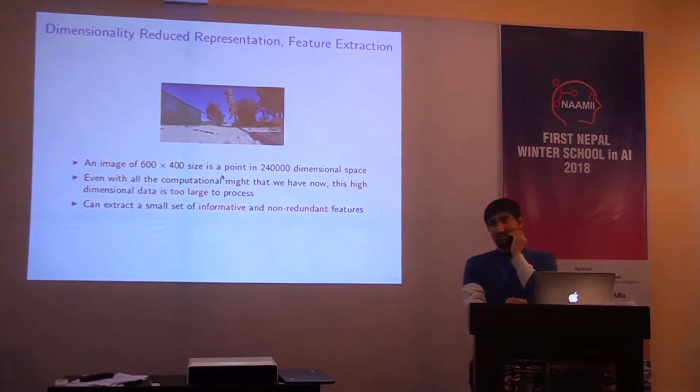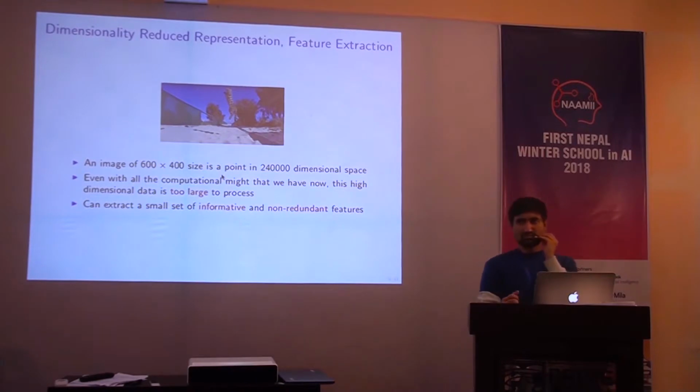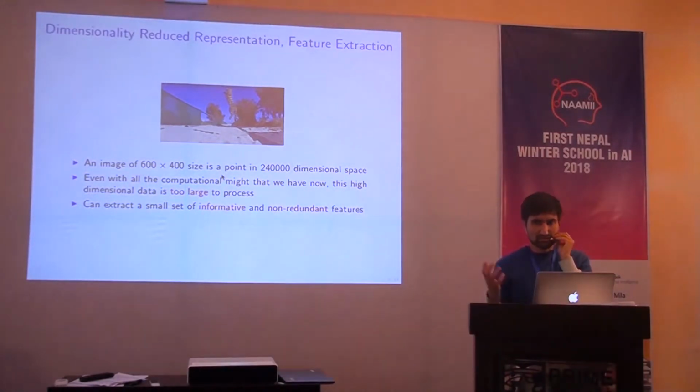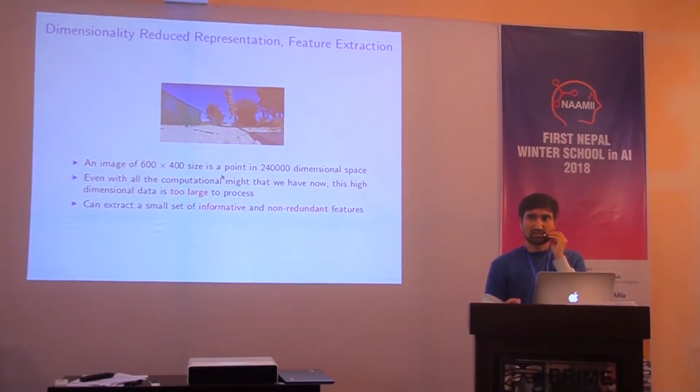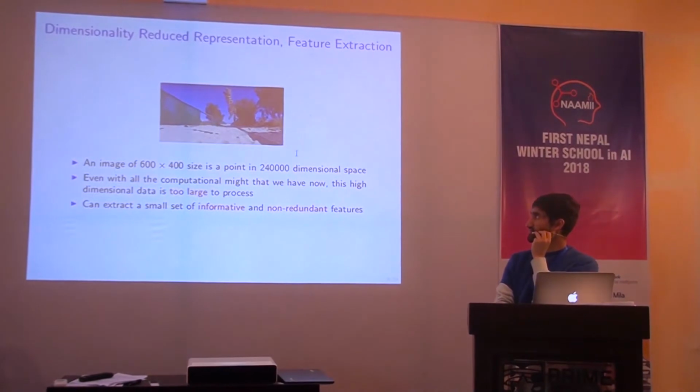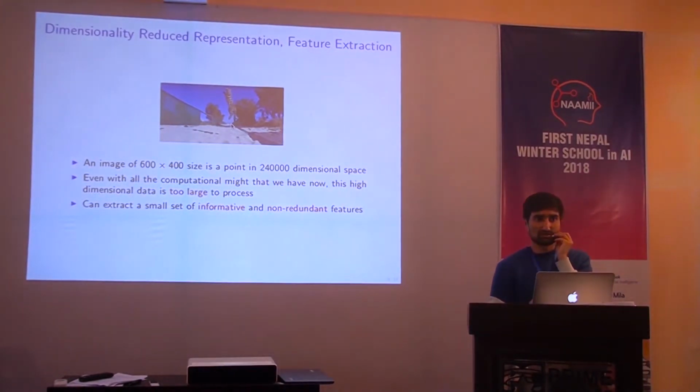So the question now is, okay, the brain is doing something more, right? It is representing it as something else inside. So can we do that? Can we extract from these huge images, because there's lots of redundant information here too. This sky looks similar, there is neighborhood structure, this spatial relationship.